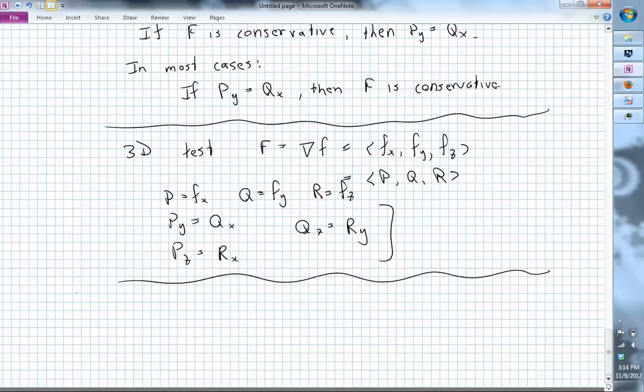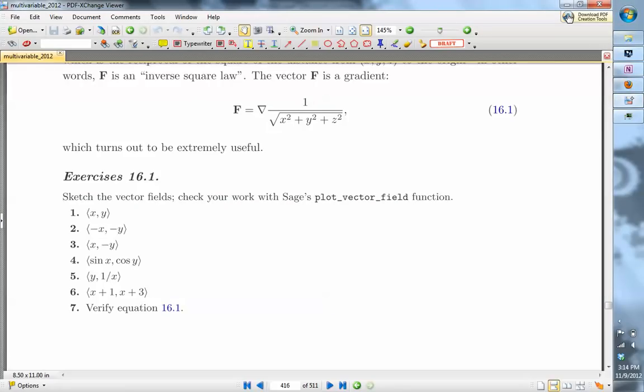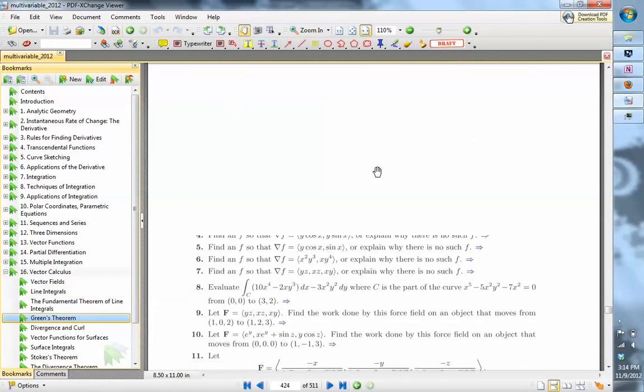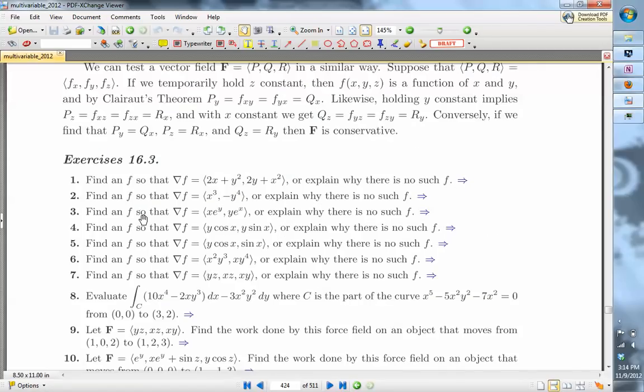Okay, let's do some problems here and then get you guys on the road. Let's look at 16.3.5.